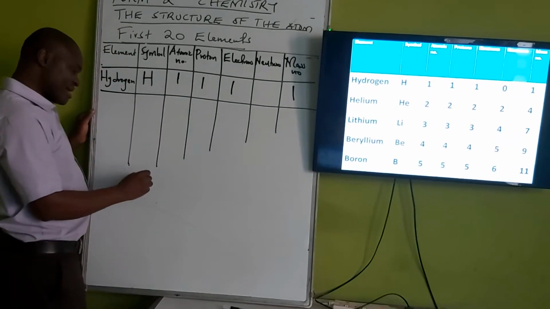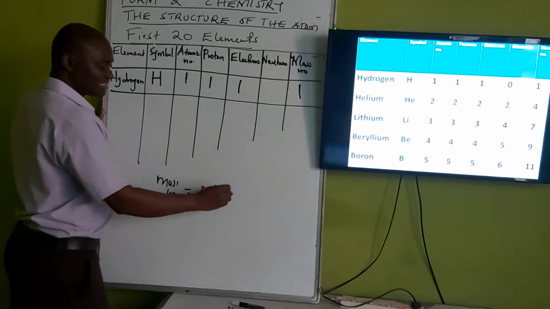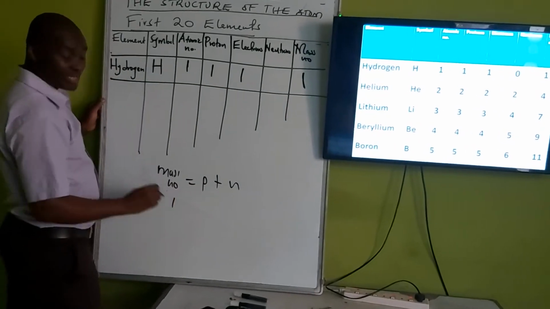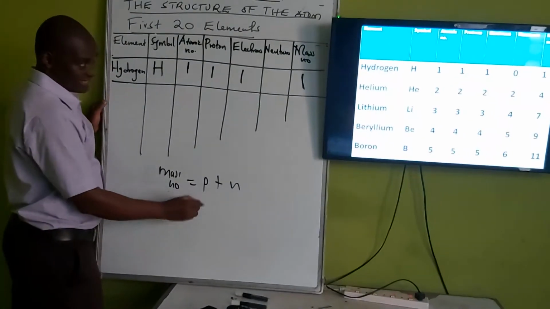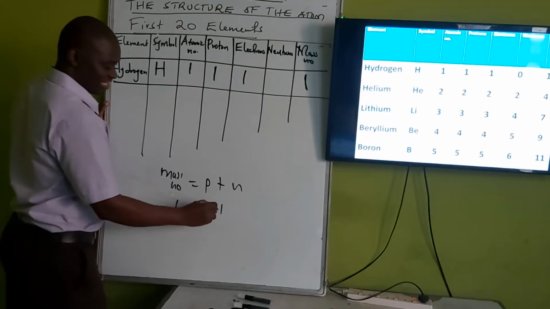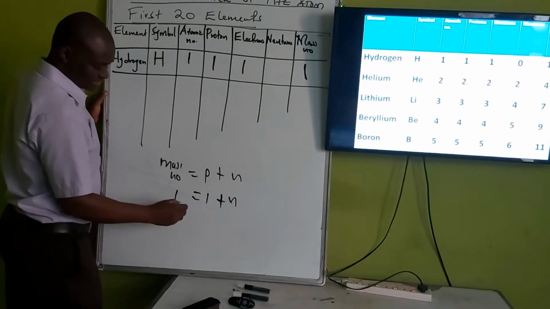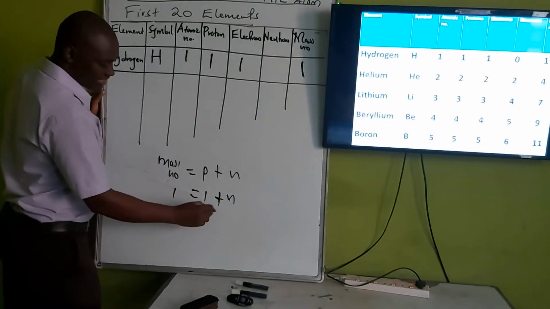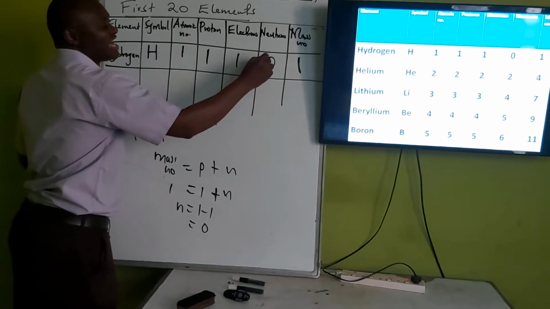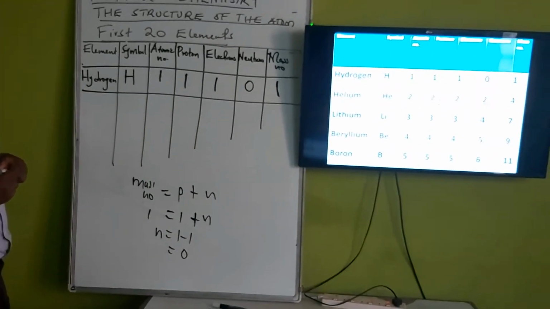Now we said that mass number is equal to protons plus neutrons. So if hydrogen has a mass number of 1, and it has 1 proton, then we can calculate the number of neutrons. So neutrons will be 1 minus 1, which is 0. So hydrogen has no neutrons.